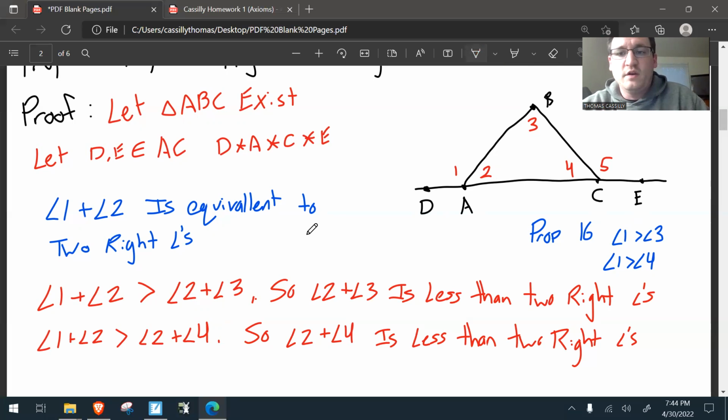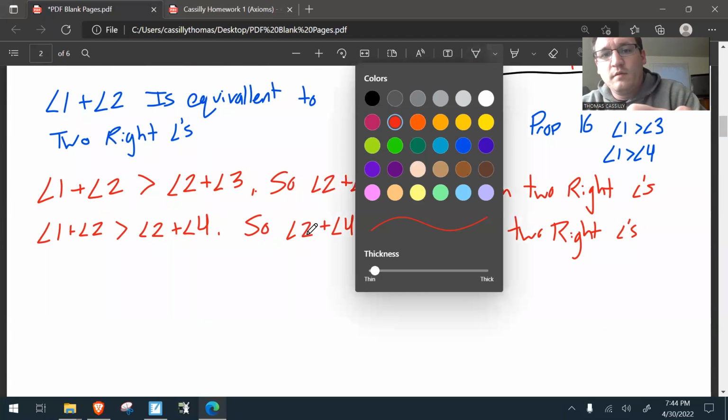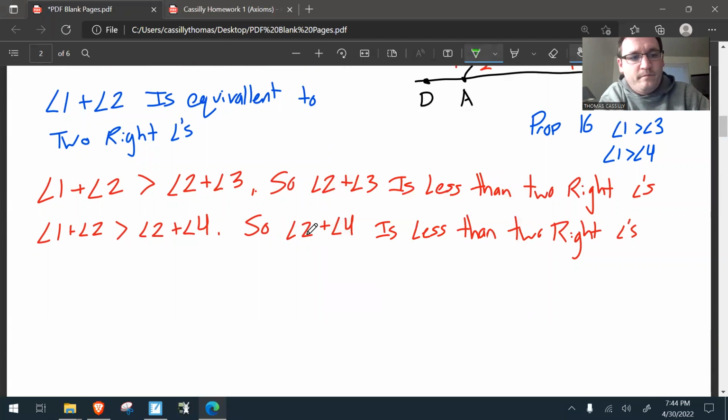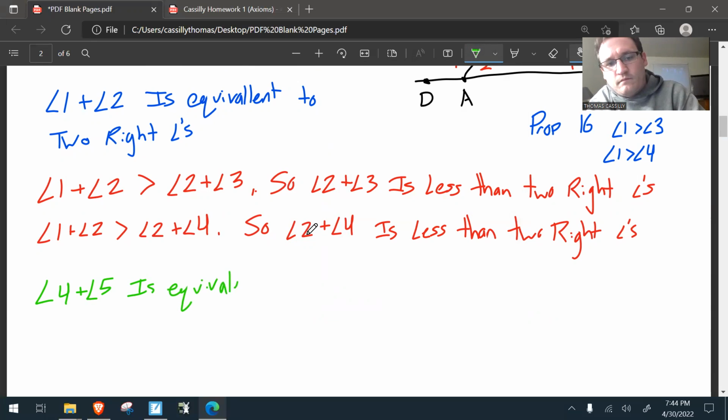So we know angle 4 plus angle 5 is also equivalent to two right angles.